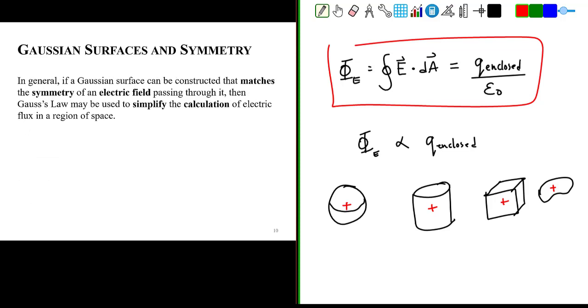Now, Gaussian surfaces and using Gauss's law to calculate electric fields is most useful when the surface can be constructed that matches the symmetry of an electric field passing through it. If it does, then you should definitely consider using Gauss's law to simplify the calculation of the electric flux in that region of space.